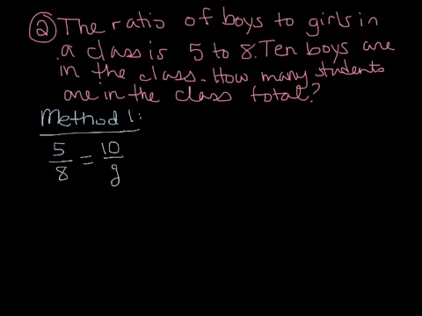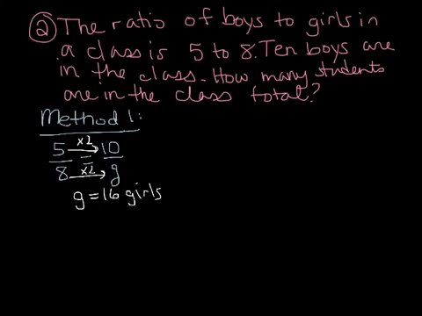Then there are several ways that you can solve this problem. One way you might really like is this: you know that to get from 5 to 10, you would have to multiply by 2. In order to find the number of girls, you do the same thing to 8. You multiply that by 2, and you get 16 girls.